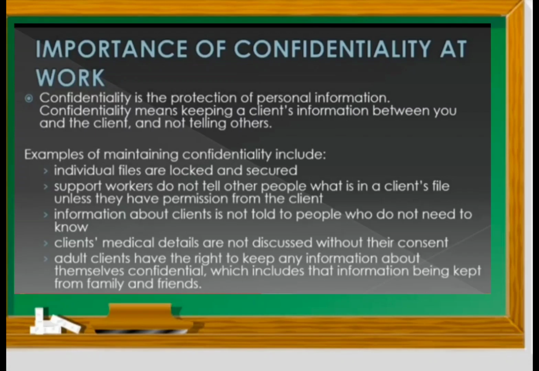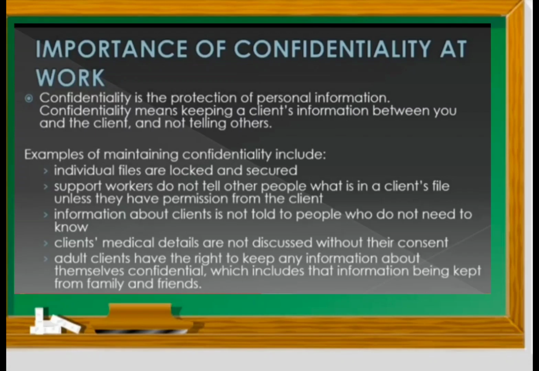Examples of maintaining confidentiality include: Number 1, individual files are locked and secure. Number 2, support workers do not tell other people what's in a client's file unless they have permission from the client. Number 3, information about clients is not told to people who do not need to know.